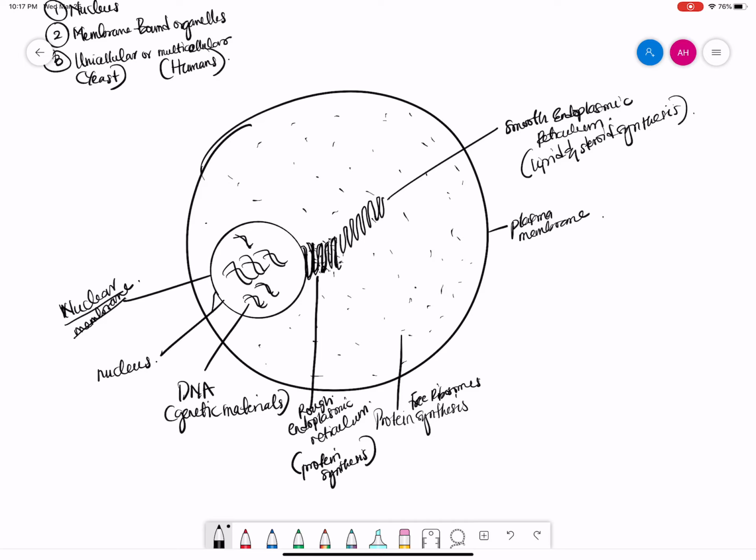Okay, so the nuclear membrane, the rough endoplasmic reticulum, the smooth endoplasmic reticulum, they're part of a system called the endomembrane system. But that's not all about the endomembrane system. We have a structure called the Golgi apparatus.